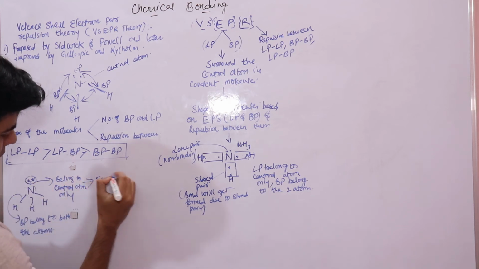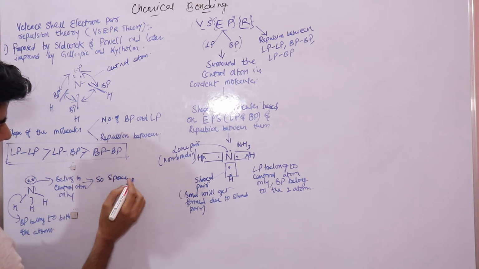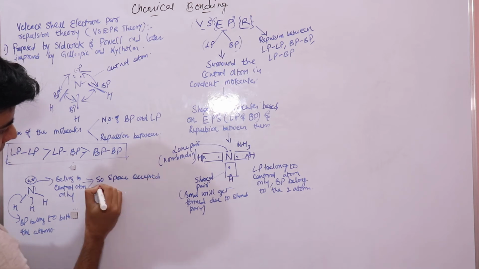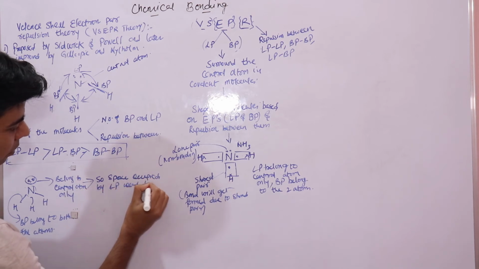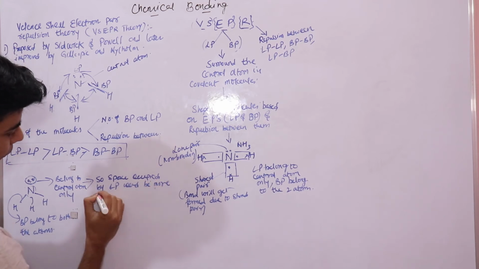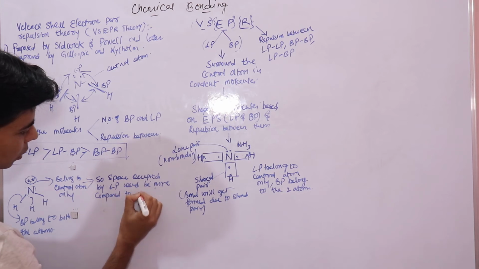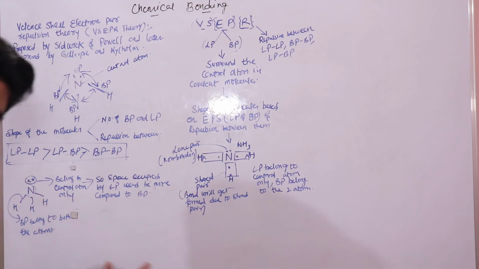So the space occupied by lone pair would be more compared to bond pair, right?